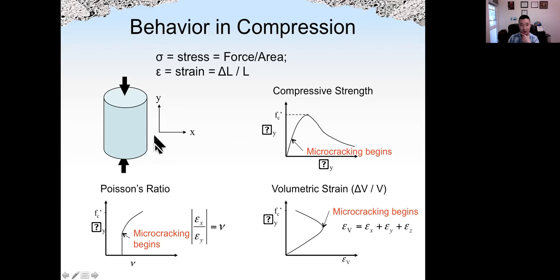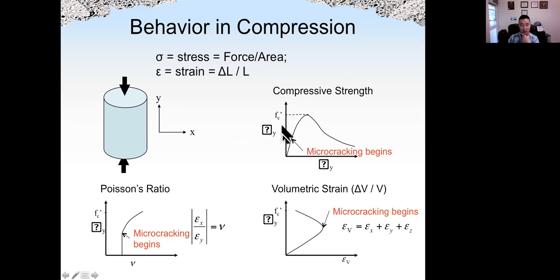If we define compression as positive, then tension will be the opposite sign. Poisson's ratio is always positive, so we take the absolute value. For typical concrete, the Poisson's ratio is around 0.18 or 0.2. When concrete begins to crack, the Poisson's ratio will start to increase, as we can see here.